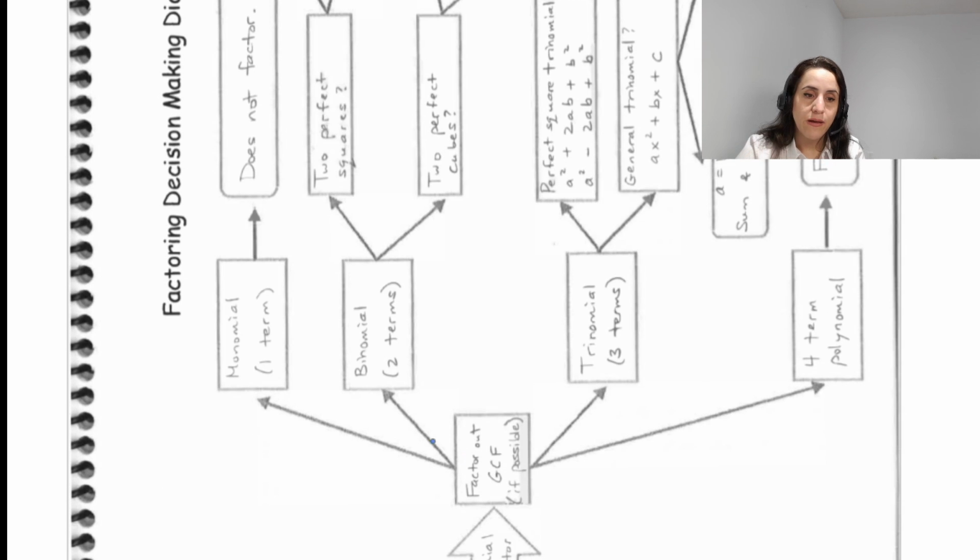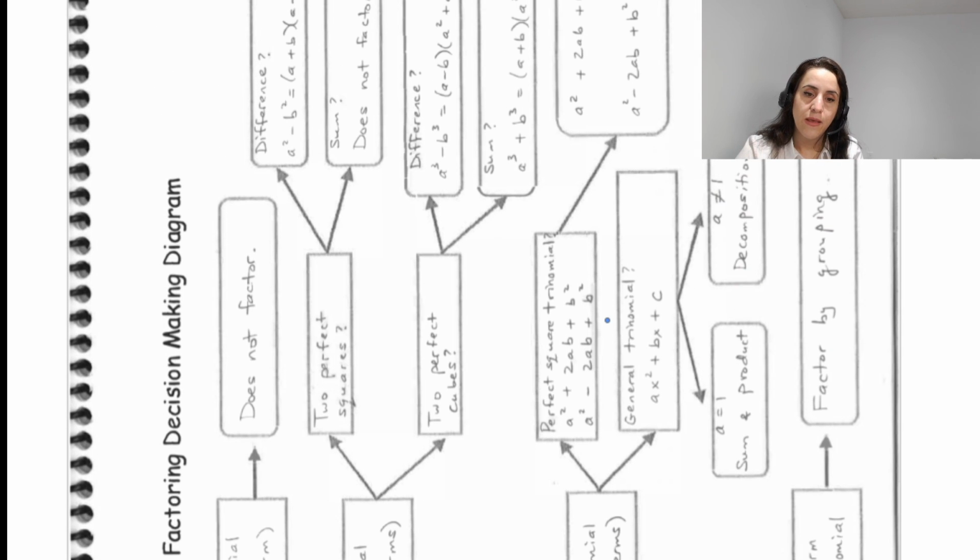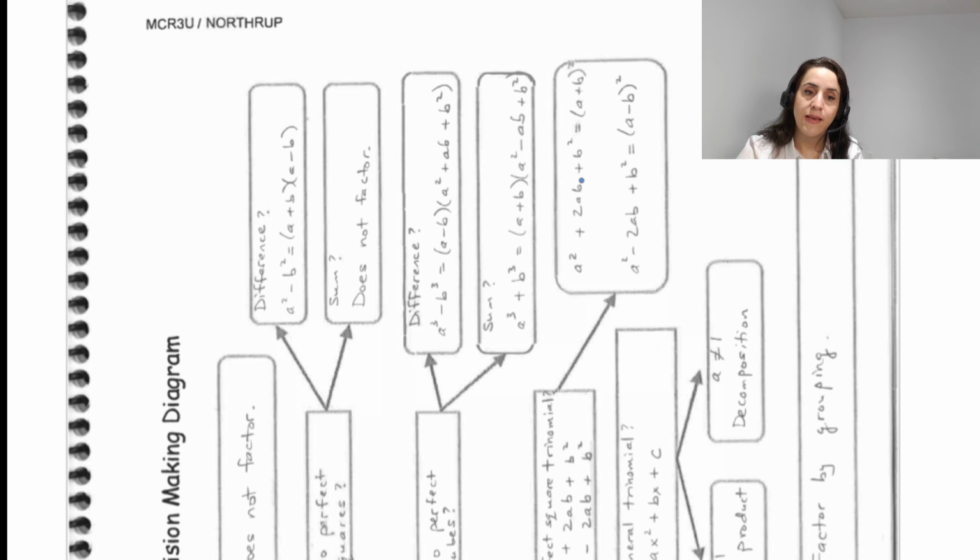After binomials, we have trinomials. Trinomial means there are three terms. For three terms, we have the option of a perfect square: a squared plus 2ab plus b squared makes (a plus b) to the power of 2, and a squared minus 2ab plus b squared makes (a minus b) to the power of 2.